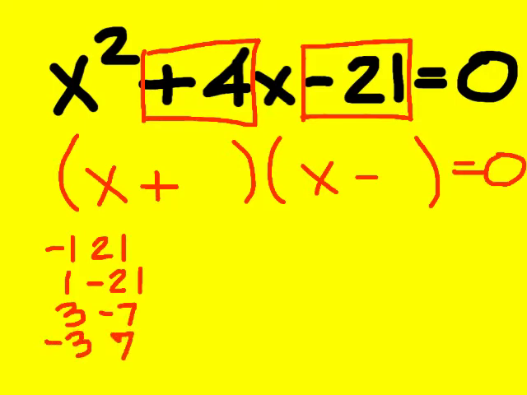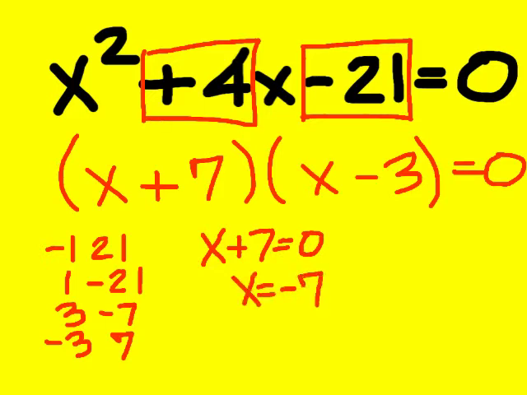Which pair? Negative 3 and 7, so the 3 goes here, 7 there. So x plus 7 equals 0 is x equals negative 7, and x minus 3 equals 0 is x equals 3. Practice number 1.